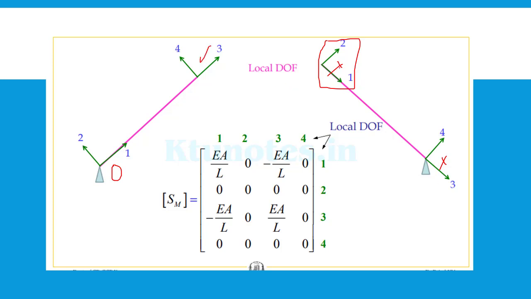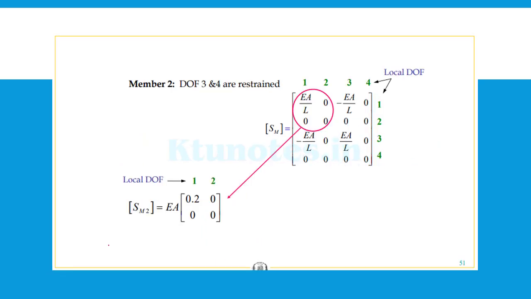For member 2, 1, 2 will have some value, and 3, 4 won't have any value, being a support. Hence 1, 2 will be there. All the 3, 4 will be cancelled, and the corresponding rows for 3, 4 also will be cancelled. The EA by L, 0, 0, 0 will be the corresponding one, which is SM2.